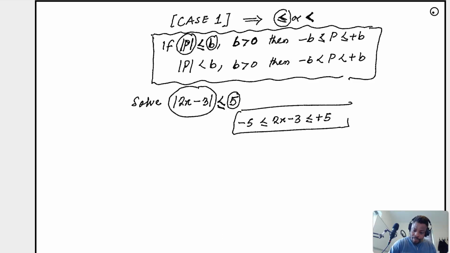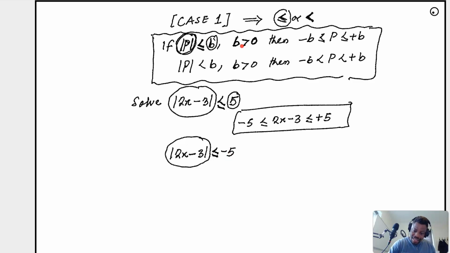You see that now? If I have something like modulus of 2x minus 3 less or equals to minus 5, can I use this rule? No. The reason is that for me to be able to use this rule, remember, modulus P is same thing as modulus 2x minus 3, less or equals to is same thing as less or equals to, B is same thing as minus 5.